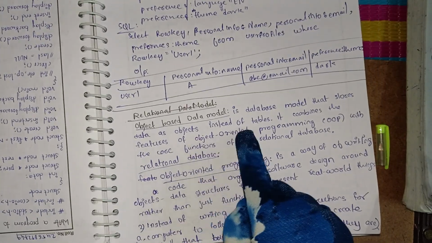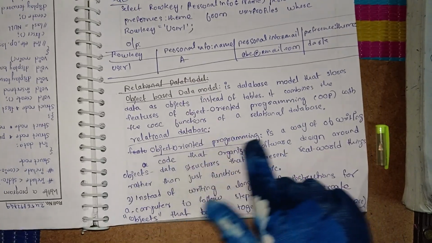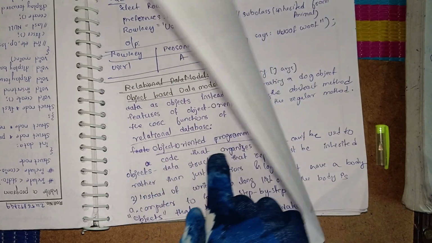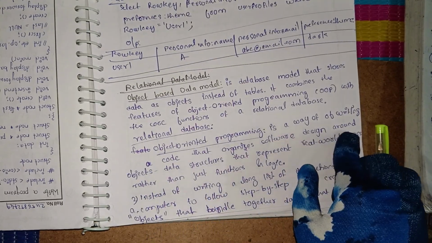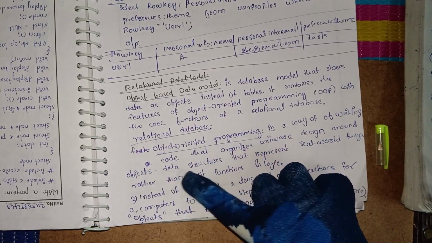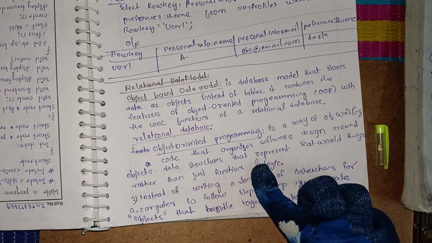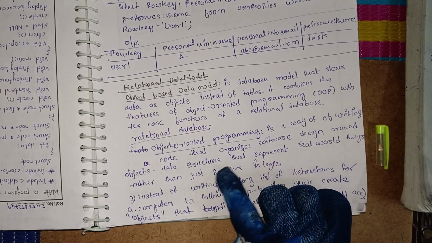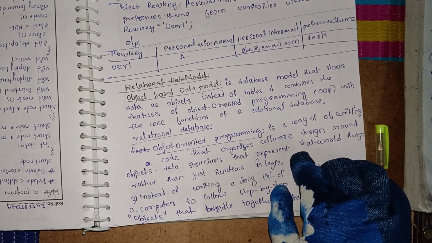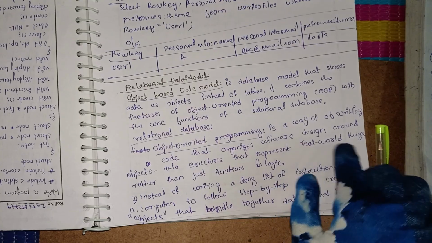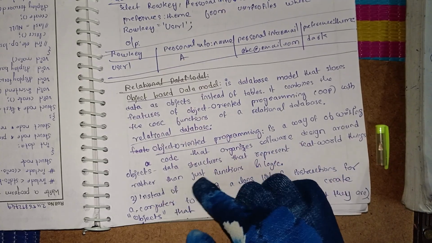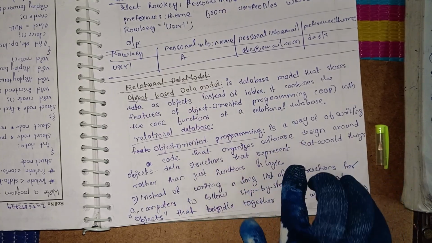And what object-oriented programming means is a way of writing code that organizes software design around objects: data structures that represent real-world things rather than just functions and logic.